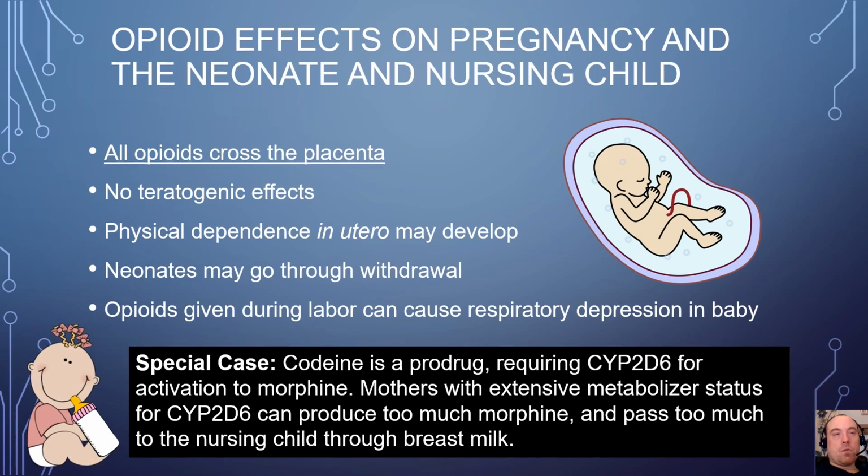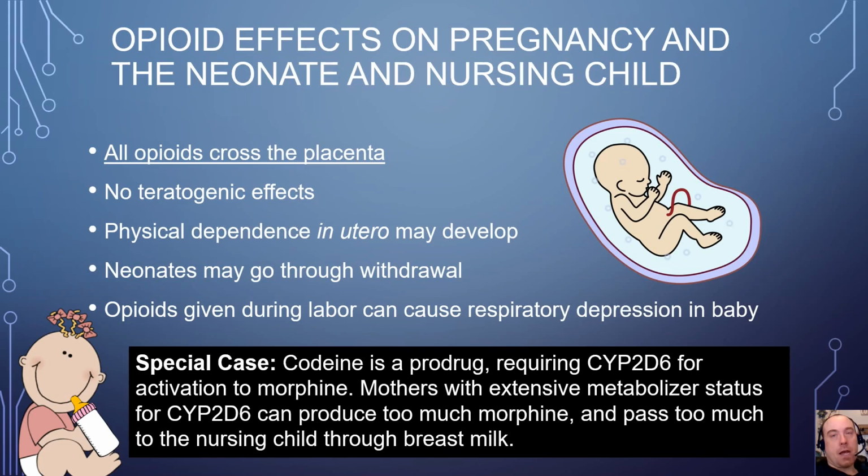I just wanted to add a special case here. A lot of these drugs are not prodrugs, but codeine is a prodrug, meaning when you take codeine, it has very low activity until it's metabolized and converted into morphine. That requires the hepatic enzyme cytochrome P450 2D6. There are people in general, but particularly mothers here, with extensive metabolizer status.